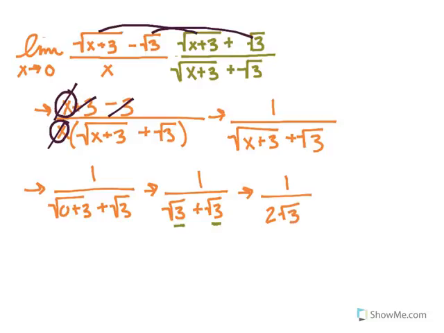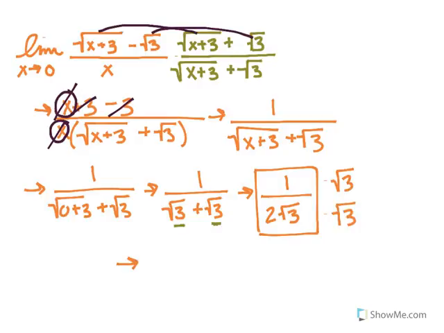And for the purposes of this particular problem, you can leave your answer in an unrationalized form. If that's bothersome to you, which to me it is because it's not rationalized, all you need to do is multiply the top and the bottom by the root that needs to go away.